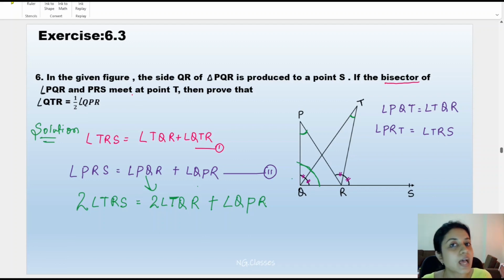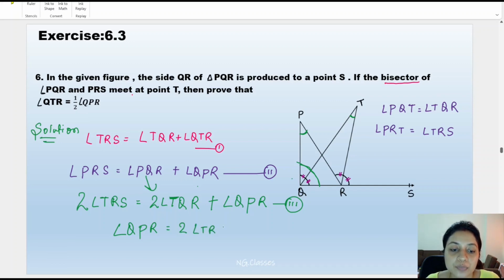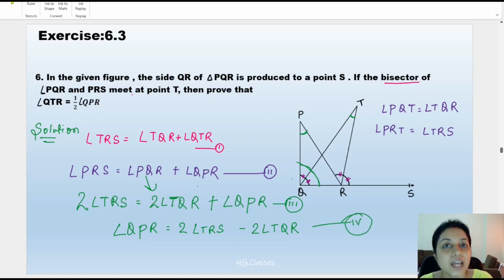Let's keep it as it is. Let's say this is equation number 3. Now from equation number 3, we can write angle QPR is equals to twice of angle TRS minus twice of angle TQR. Let's say this is equation number 4. We have not done anything with equation 3. We have just changed the side. We have shifted this part over here.